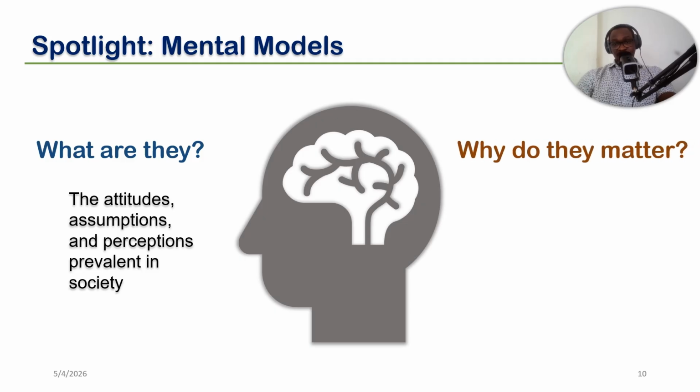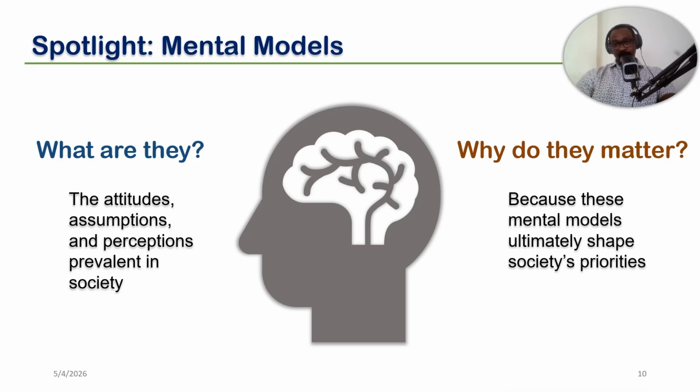The other question here is, why do these mental models matter? The whole issue is they shape the perceptions and priority of society. So this is important because if sanitation is not valued in a collective mind, definitely the physical system will fail.